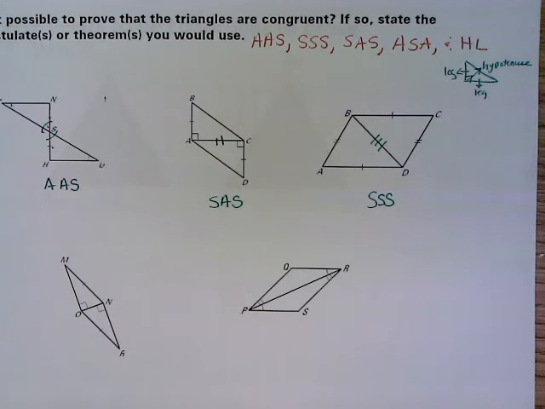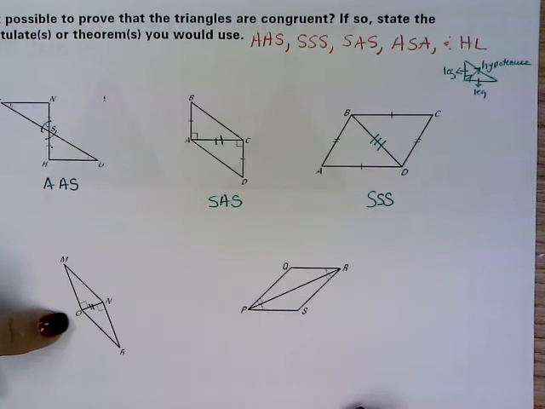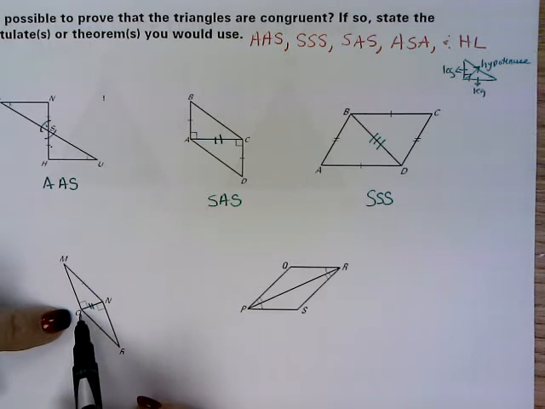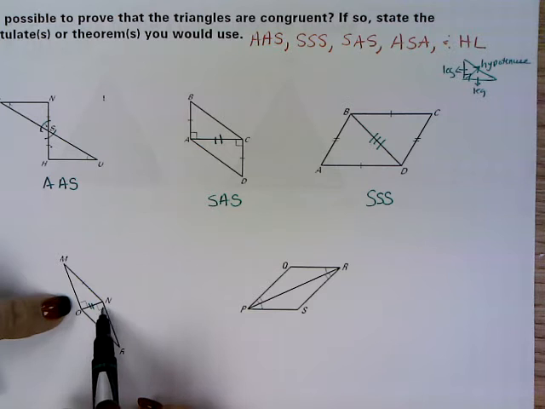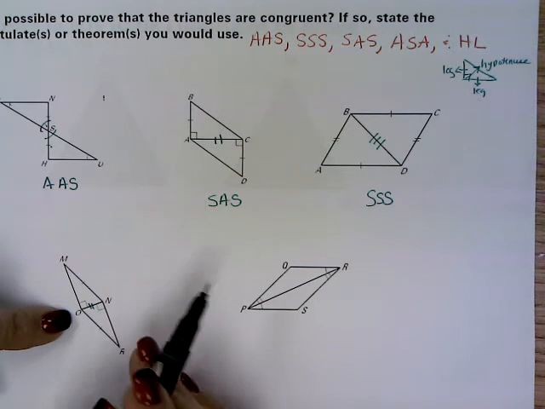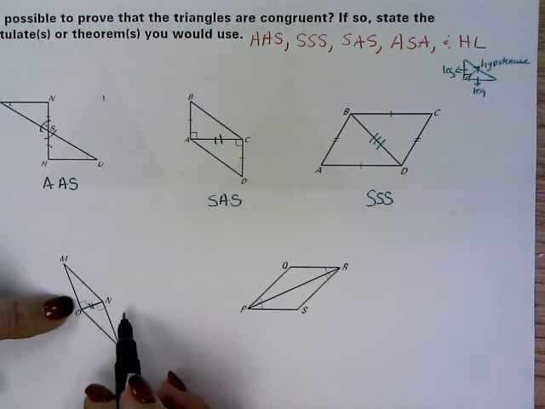All right, now we're going to come down to the fourth one right here. Again, my reflexive property is not ever marked, but we know it's there. So now I have the right angle, but in this case we can't have side, side, angle, or angle, side, side, because we don't cuss in math, and it is a right angle, so therefore it can be hypotenuse leg.